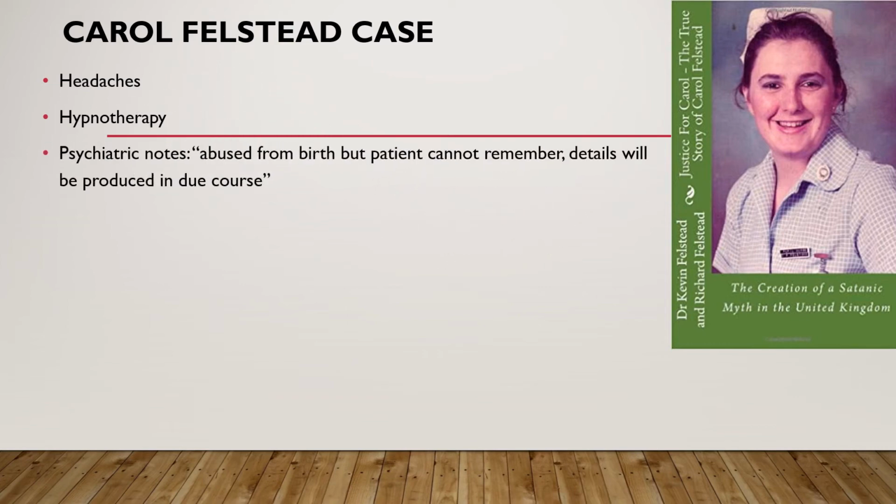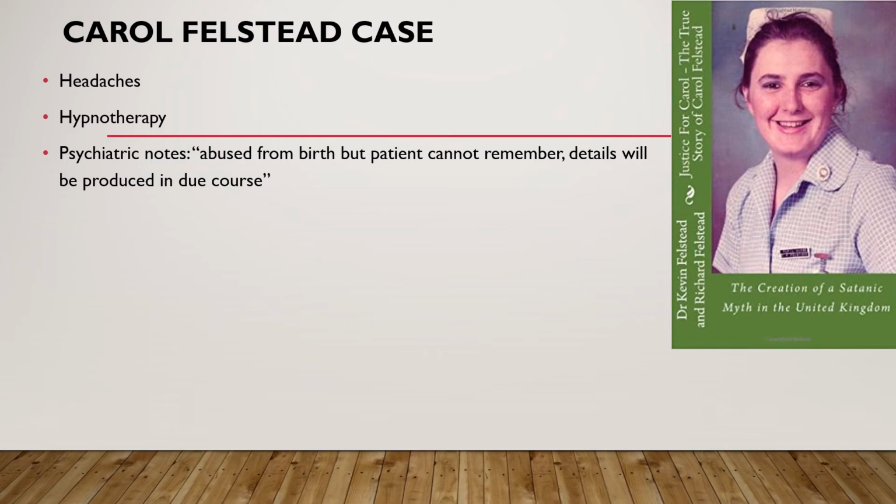And the psychiatric notes at the time, and this is me paraphrasing approximately what was said in the notes, were that she was abused from birth, but the patient cannot remember. Details will be produced in due course. Now think about this. There's only two people in the room. You have the psychiatrist and Carol.